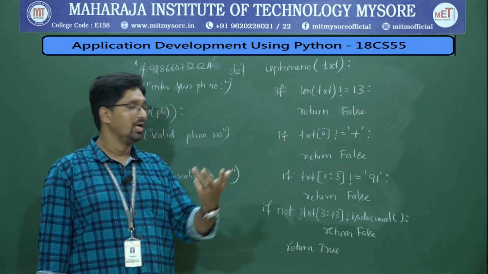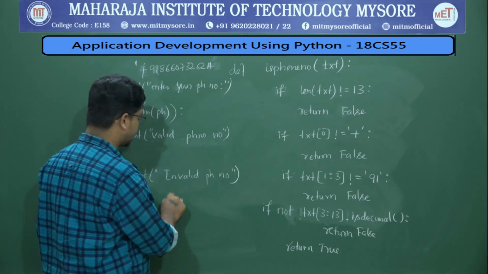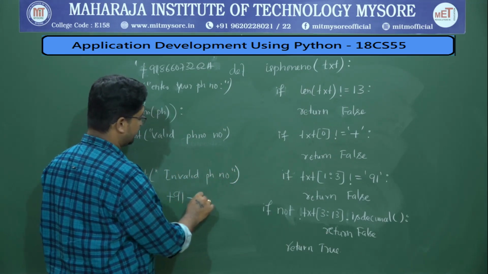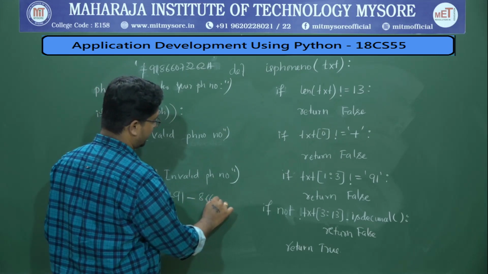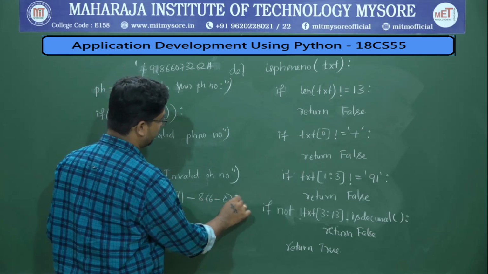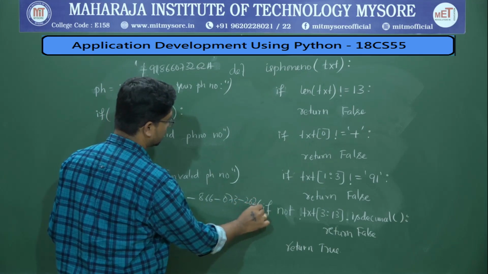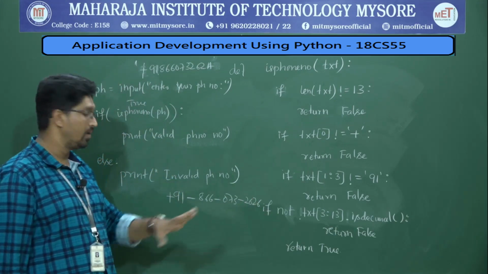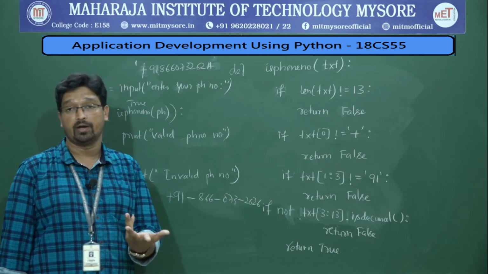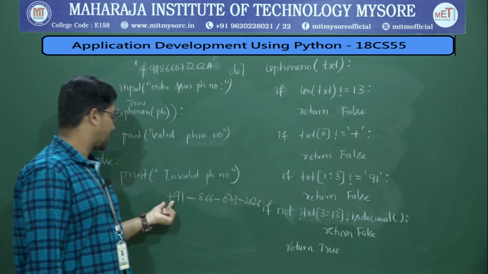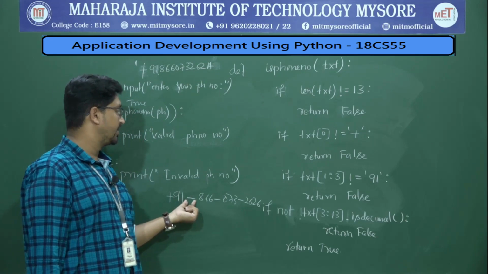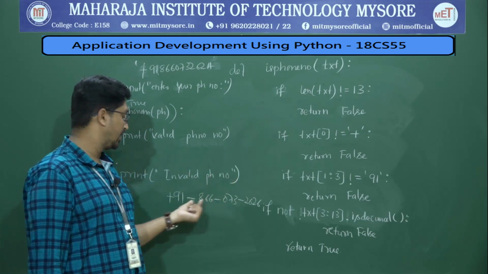If I wanted to know, let us say my phone number consists of +91 dash 866 dash 073 dash 2626. If my mobile number is like this, how do you identify? Again you need to write so many conditions. The first part is +91. Again there should be a dash. For that you need to write that again.